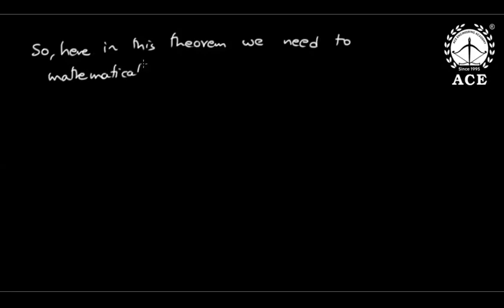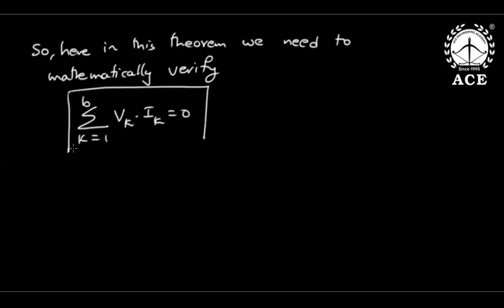So here in this theorem, we need to mathematically verify sigma vk ik equal to 0, where k takes the value from 1 to b, where b is the number of branches in the network.